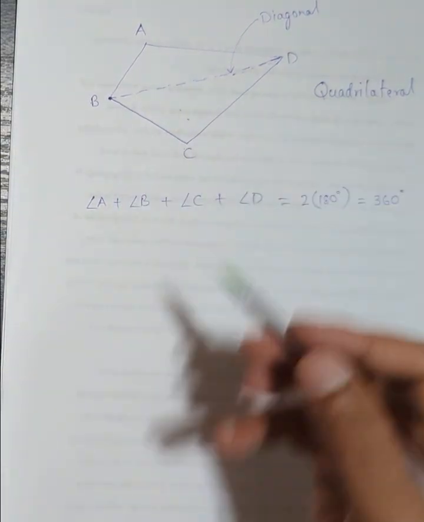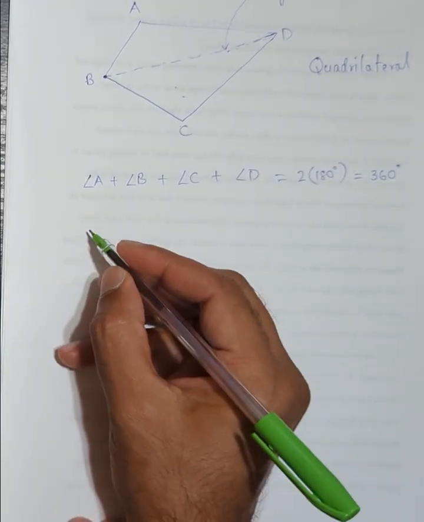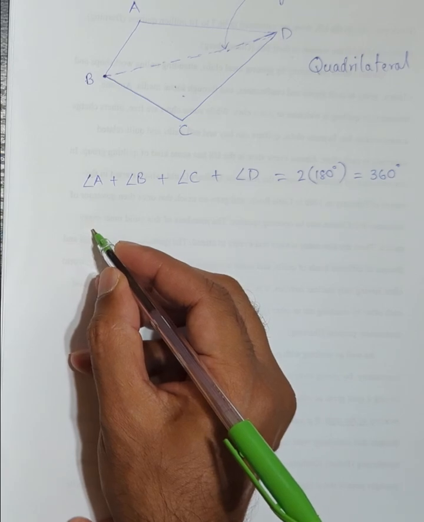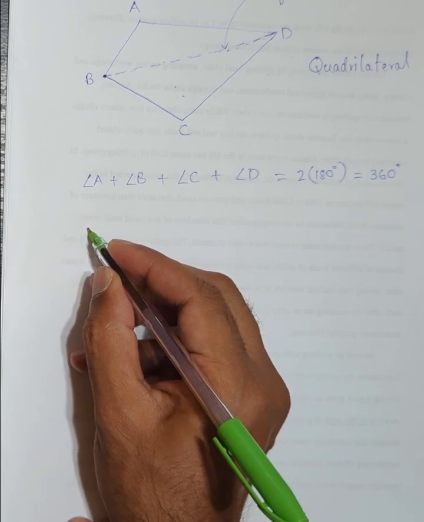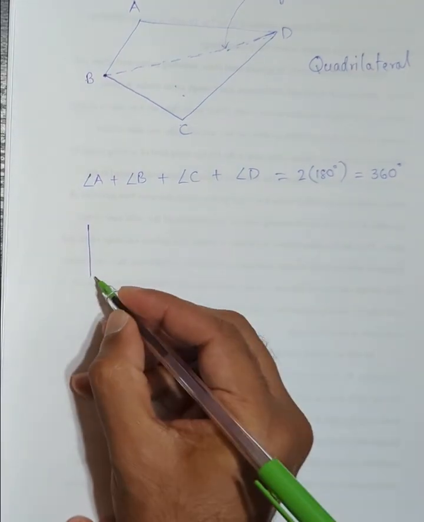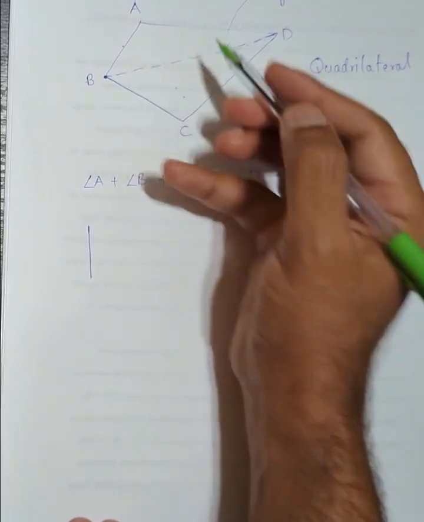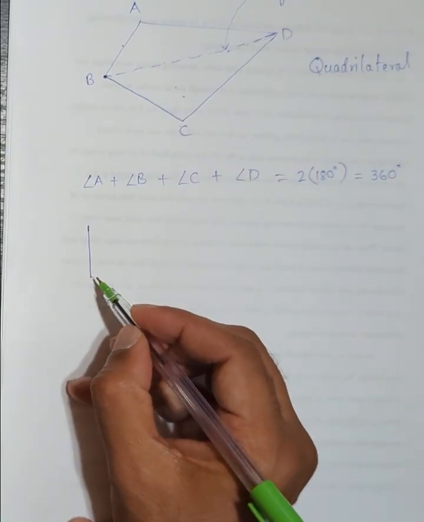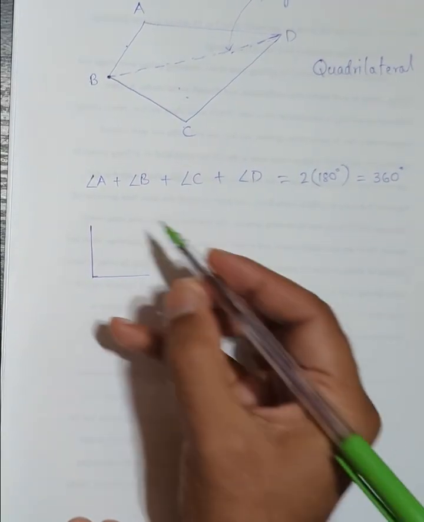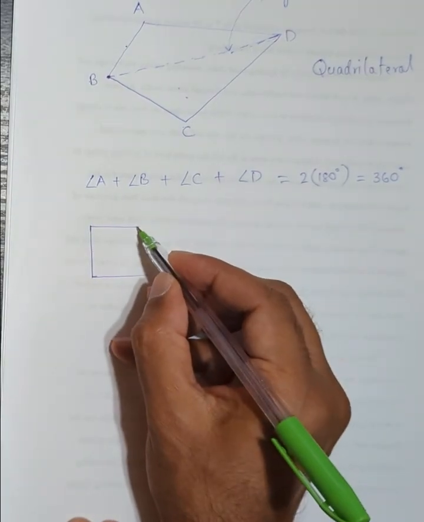So now this is a general quadrilateral. I want to start with something that is extremely special. So let's draw a quadrilateral where all of the sides are equal. Notice AB and AD are not equal here, but I'm going to draw all sides equal, and also all of the angles I want them to be equal.